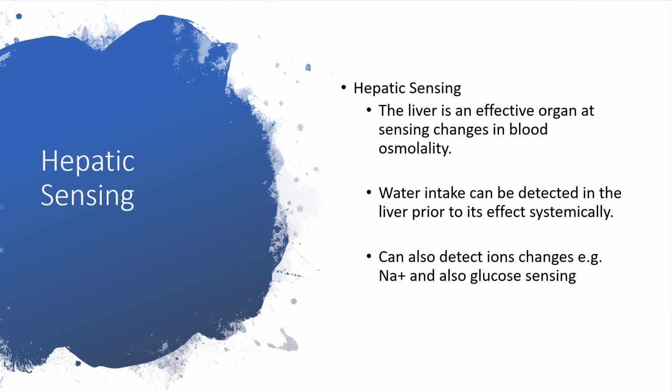Okay, hepatic sensing is essentially that the liver is an effective organ at sensing changes in blood osmolality. Water intake can be detected in the liver prior to its effect systemically. Isn't that great? It can also detect ions and their changes, for example, the level of sodium and the level of glucose.